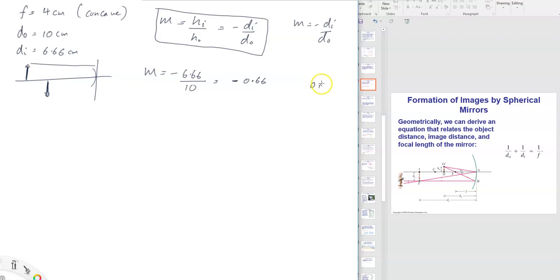This 0.66 is less than 1, right? If this answer is less than 1, that means the image is going to be smaller, so it's 0.66 times the size of the object, something like this.